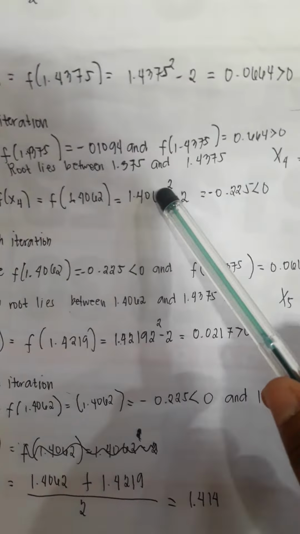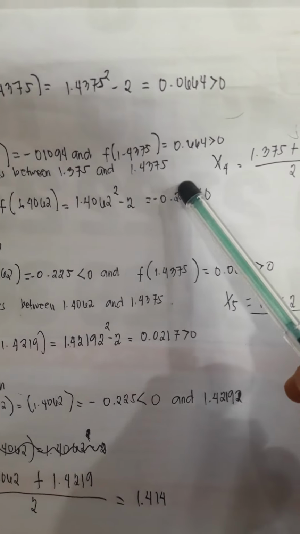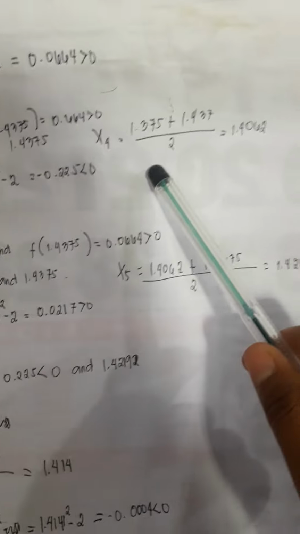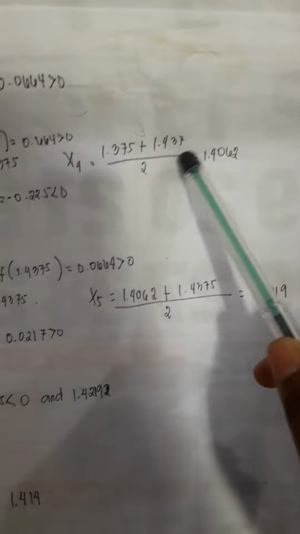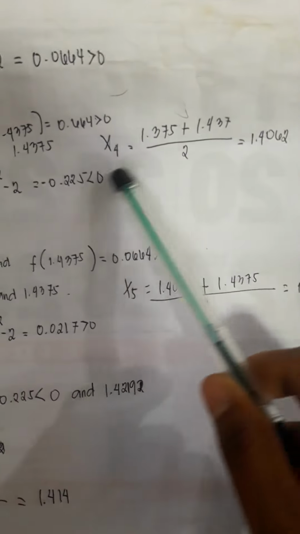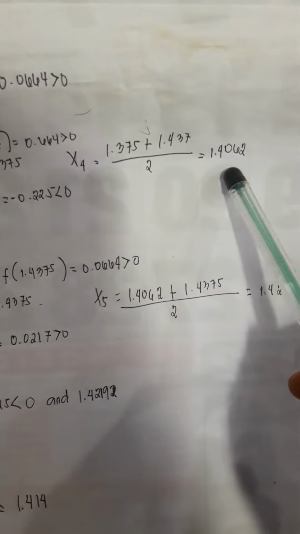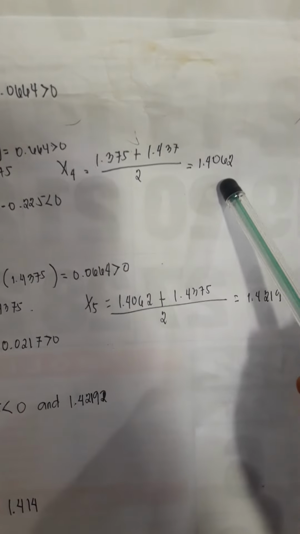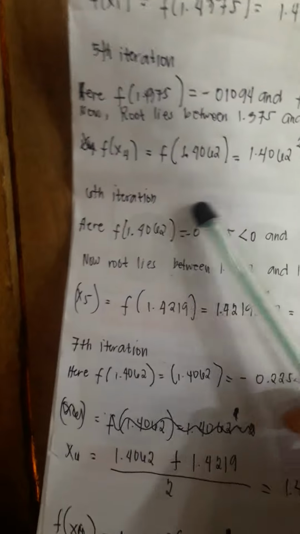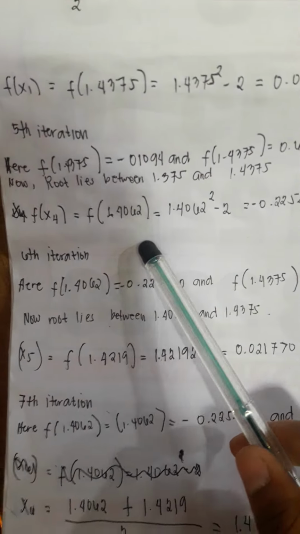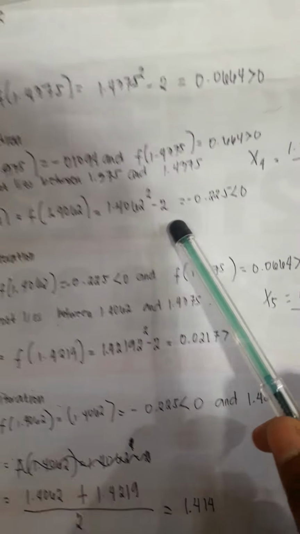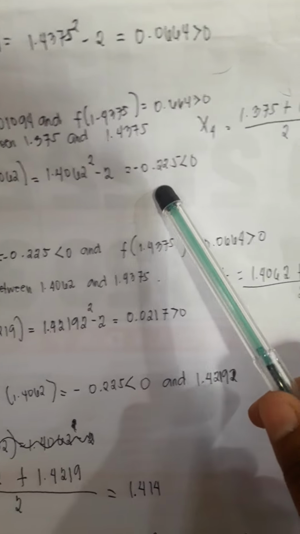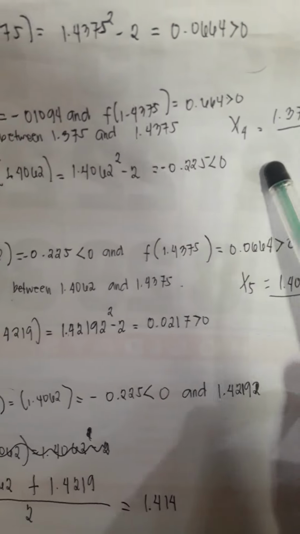Now the root lies between 1.375 and 1.4375. x5 is (1.375 plus 1.4375) over 2 equals 1.4062. f of x5 equals f of 1.4062 equals 1.4062 squared minus 2 equals negative 0.0225, which is less than 0.